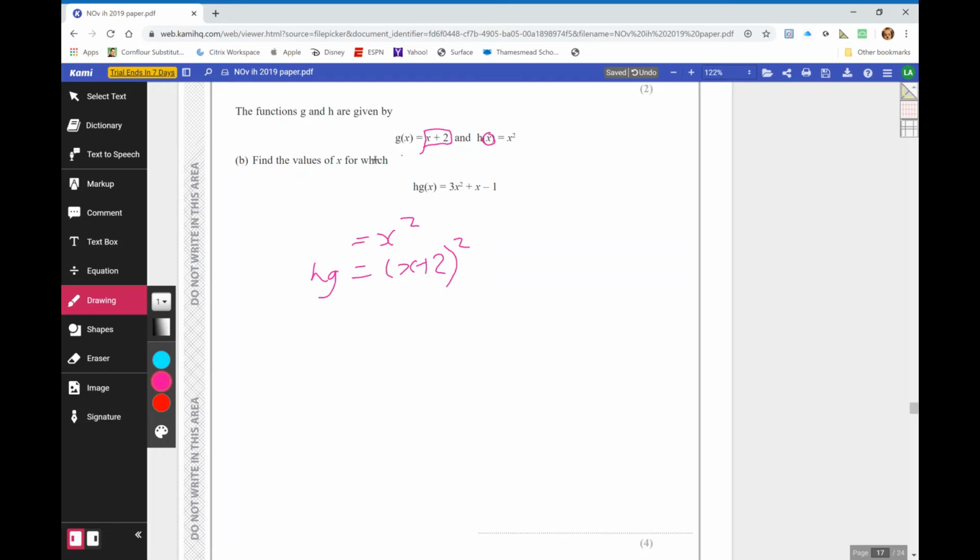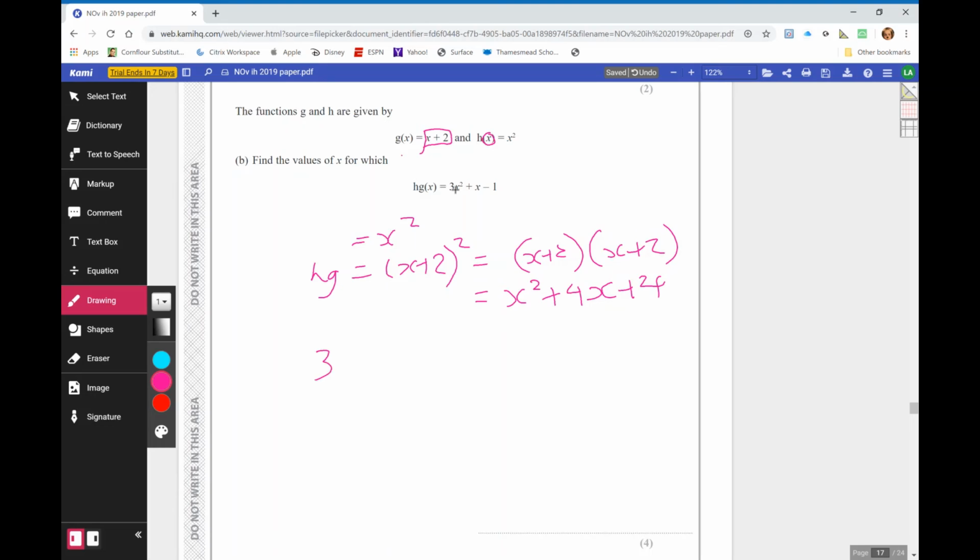Okay, and then if I expand this out, remember when you're squaring something, you're squaring the whole thing, not just part of it. x squared plus 4x plus 4. Then what it says is find the value of x for which this equals this. So I've got this now. Now I want to make it so that it equals 3x squared plus x minus 1.